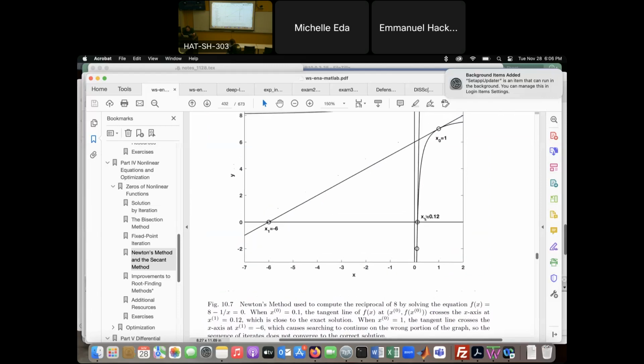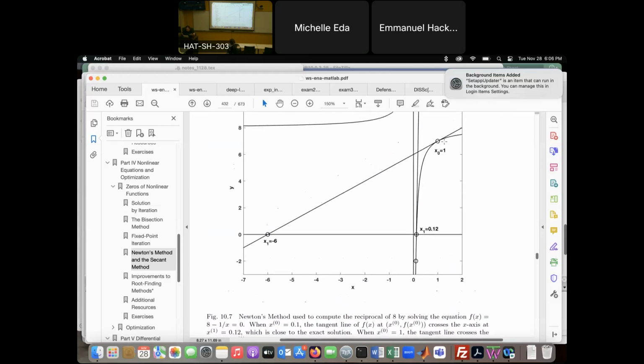Now, on the other hand, if I choose my initial guess over here, x naught equal to 1, then I compute the tangent line, and notice the tangent line has its x-intercept way over here. So I end up on the wrong portion of the graph of my f of x. And then we get divergence after that. It's all pretty hopeless.